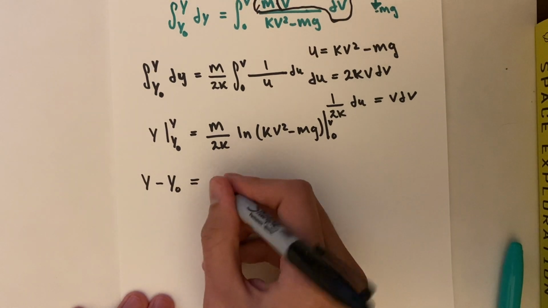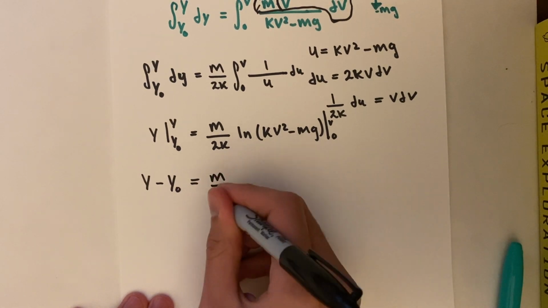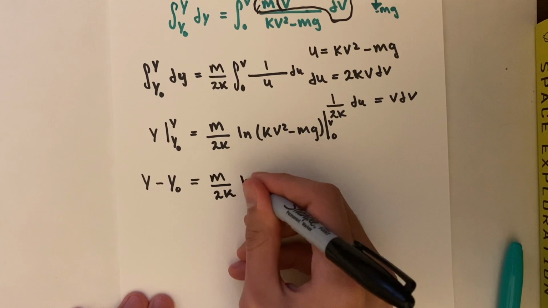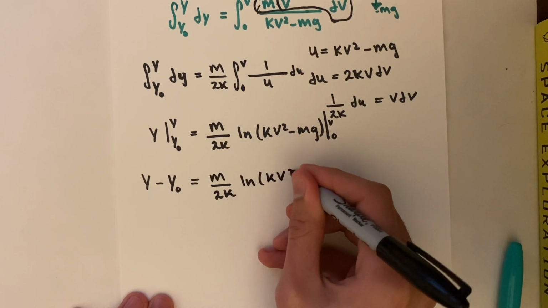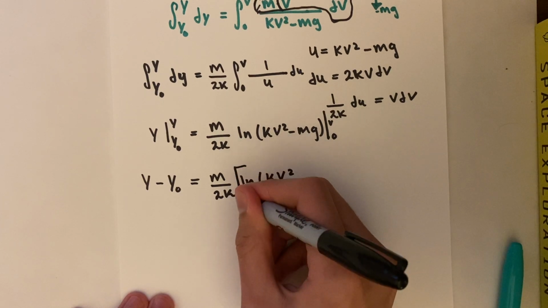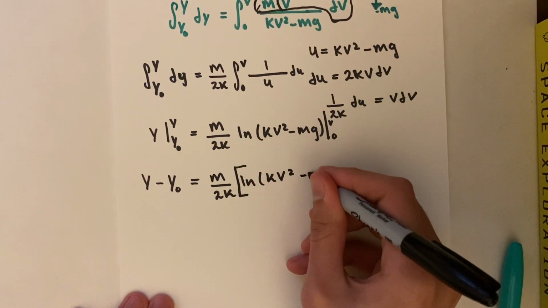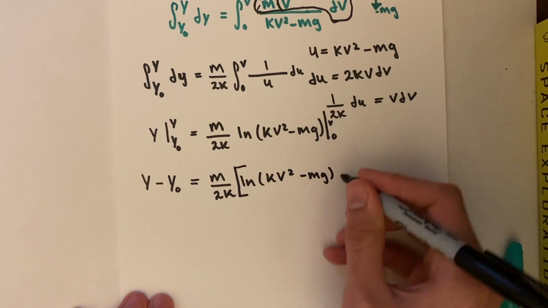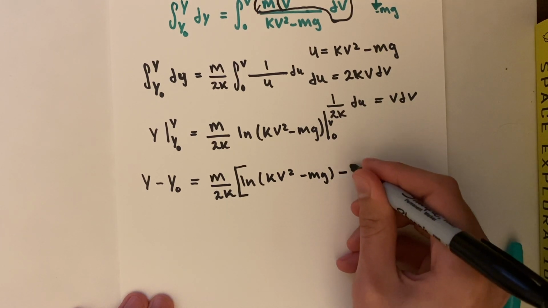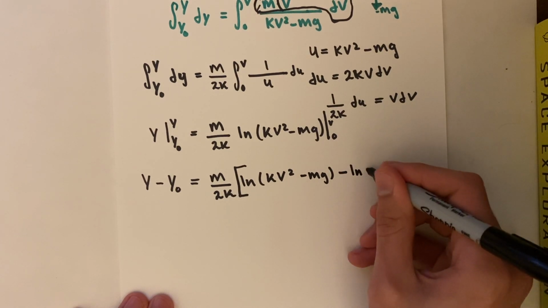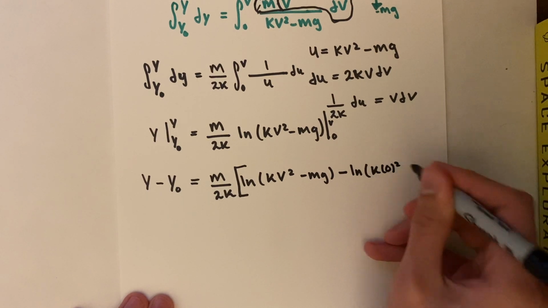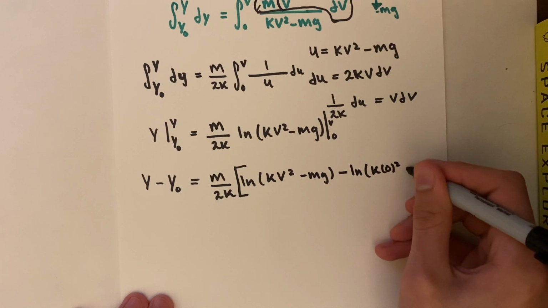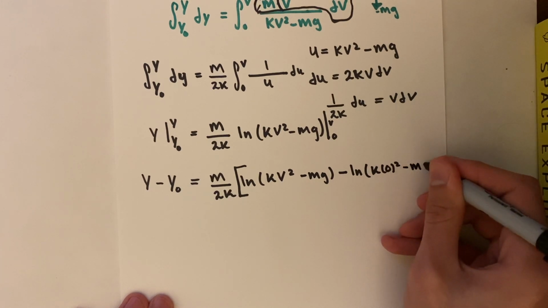So we'd get m over 2k times the natural log of (kv squared minus mg) minus the natural log of (k times 0 minus mg).